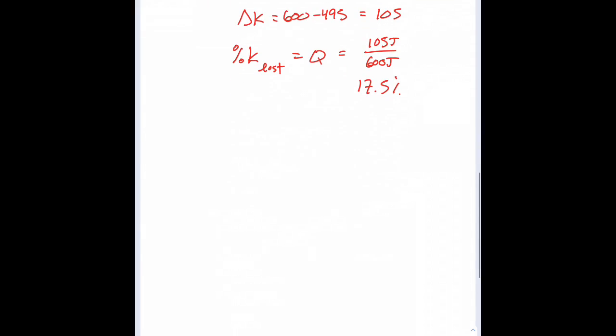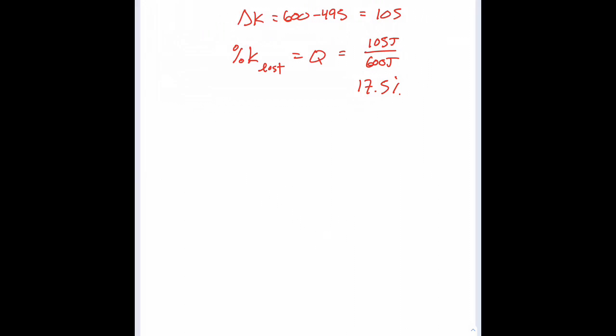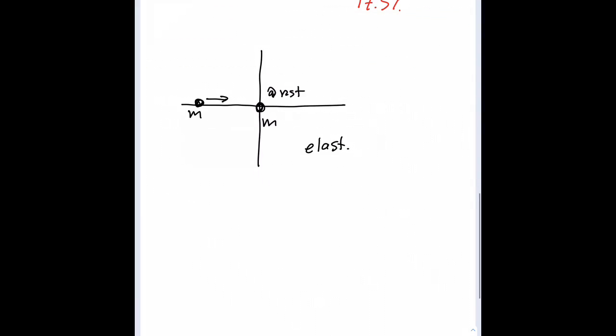Now, one thing I want you to know, if you have a collision in which the one object in motion has a mass that's identical to the other object that's at rest, if the collision happens to be elastic, then there's a special outcome.